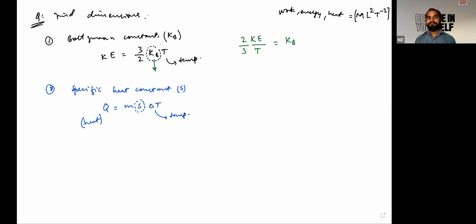Nida, you may write the dimension in the chat box as M1, L2, T minus 2, or minus 2, plus 2, instead of writing it as an exponent.